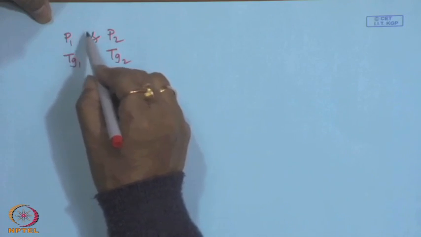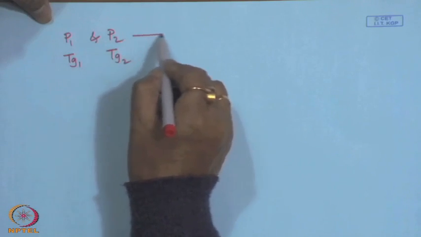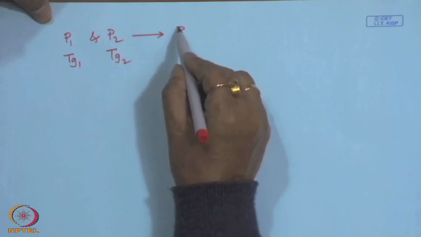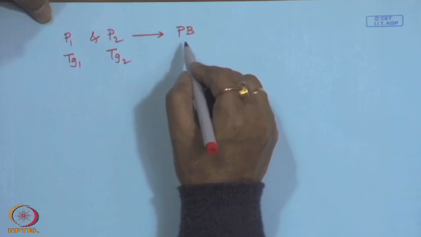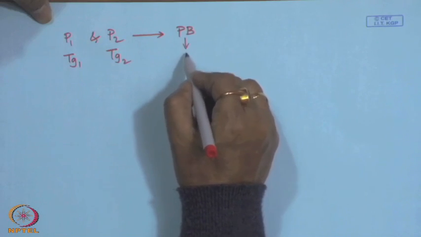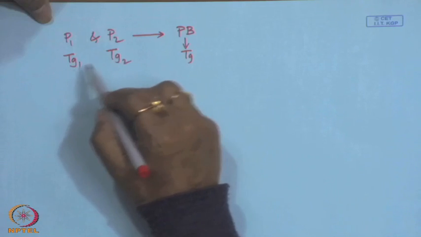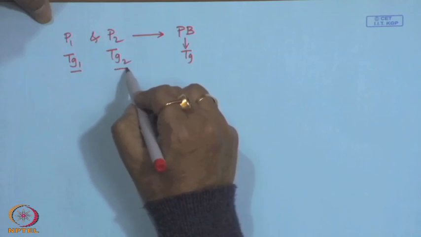But if these two polymers are compatible, on blending they will form a polymer blend, PB, which will have only a single Tg that can lie in between Tg1 and Tg2.